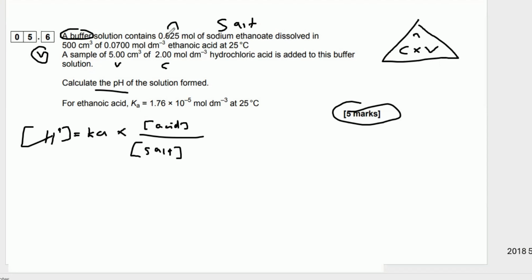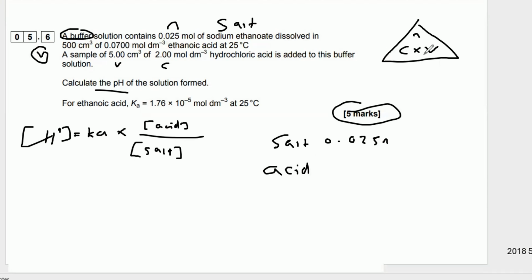Okay, so my salt is 0.025 moles. And we've also got our acid. We can work out the acid. We haven't been given the acid moles nicely. So they've told us we've got 500 and 0.07.